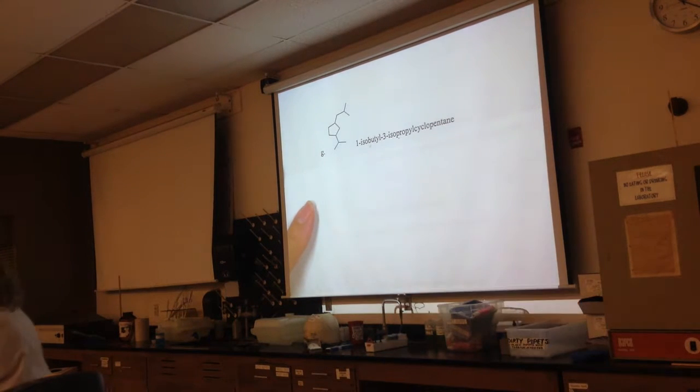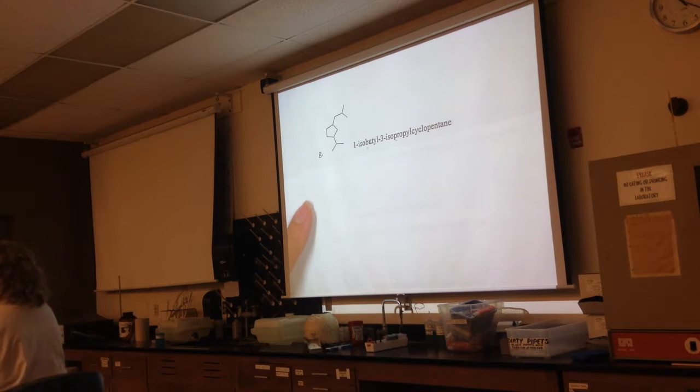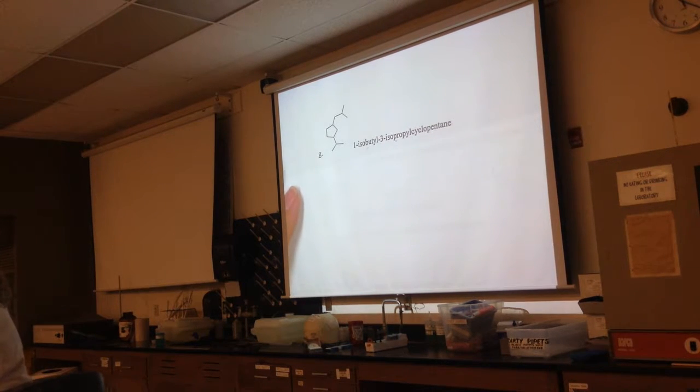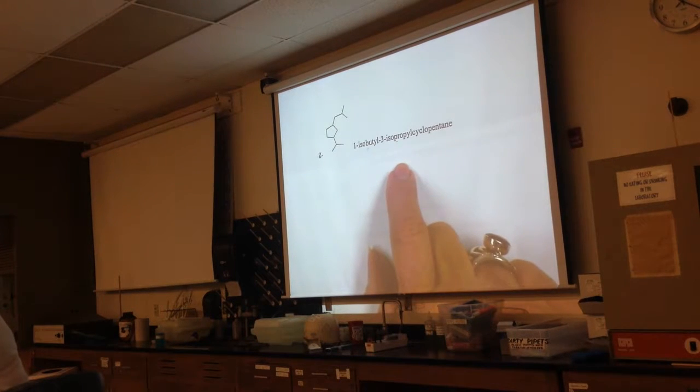All right, so that's what I call the 1-isobutyl, 3-isopropyl cyclopentane. If you had gone the new way, which is what we wanted you to do, using the new nomenclature, your isobutyl is then 2-methylpropyl, while your isopropyl is 1-methylethyl.